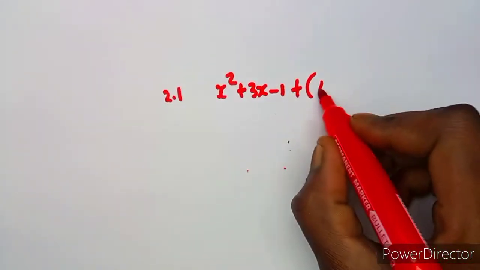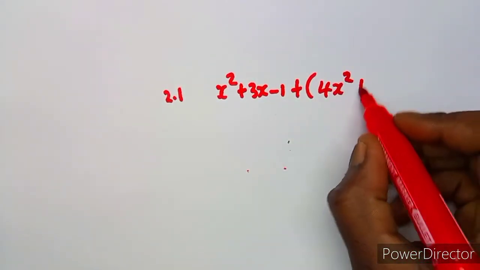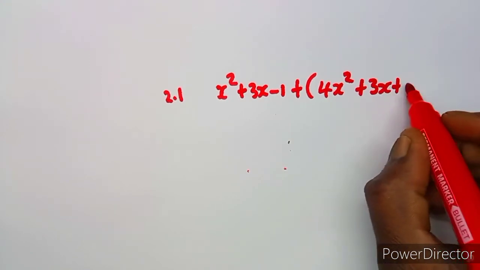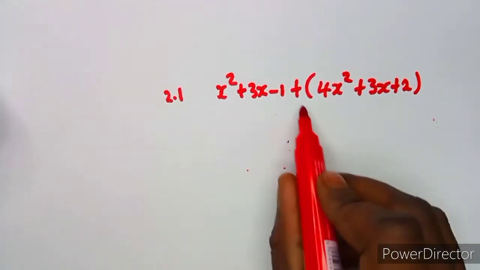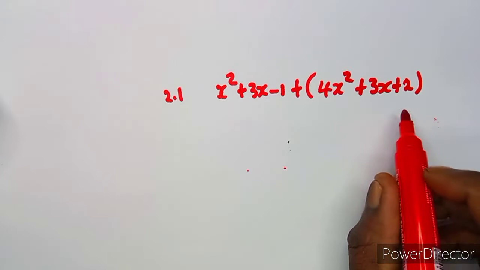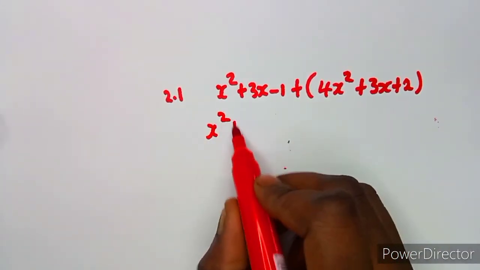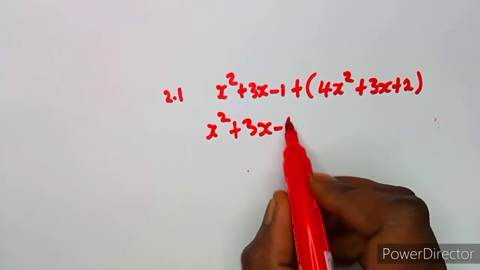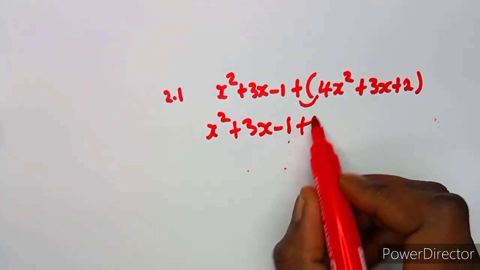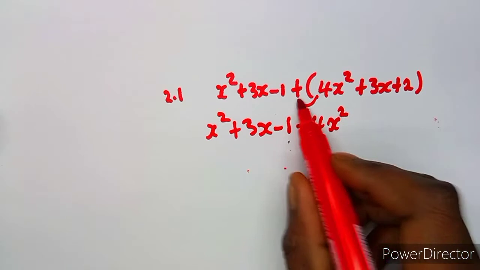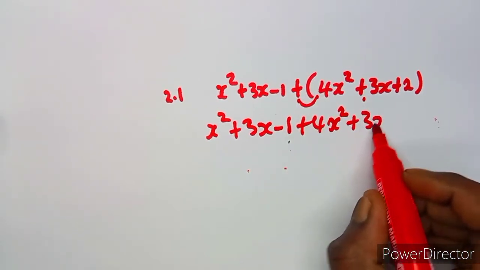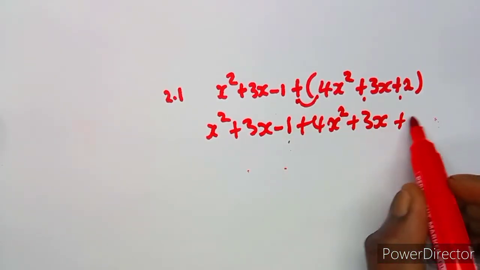So you just add 4x squared plus 3x plus 2 as it is. So this is to add, guys. As you can see, when you're adding, a plus does not change anything, so everything is going to just remain as it was: plus 4x squared, plus 3x, plus 2.